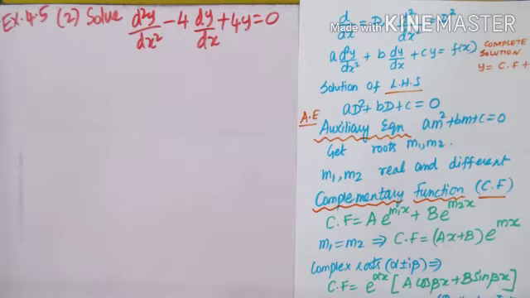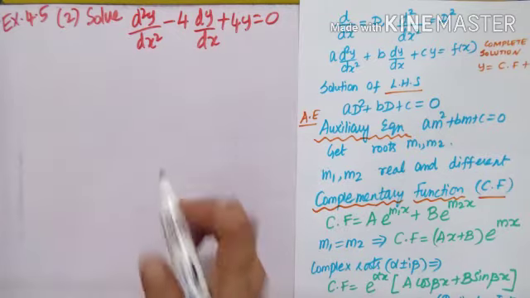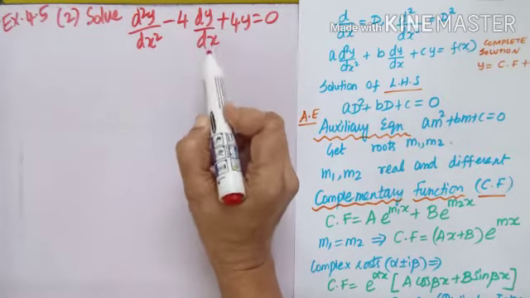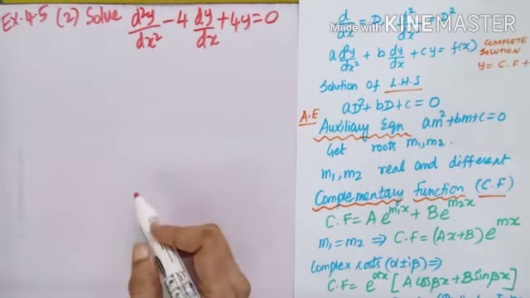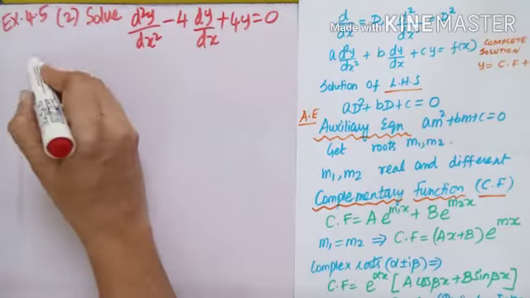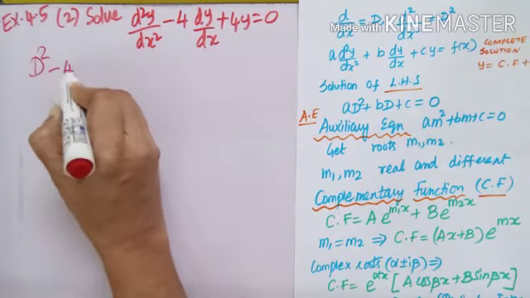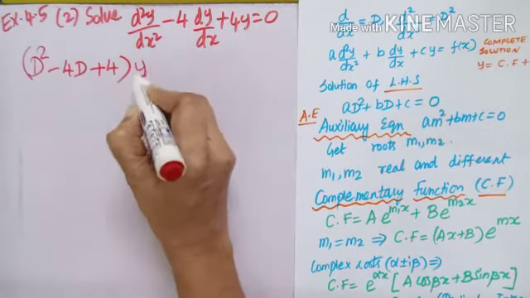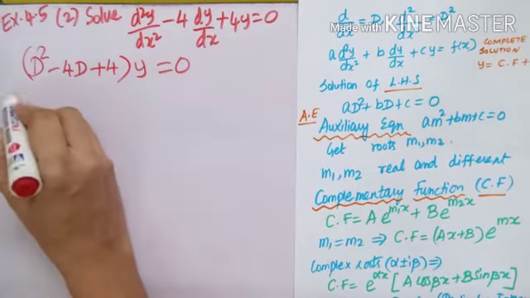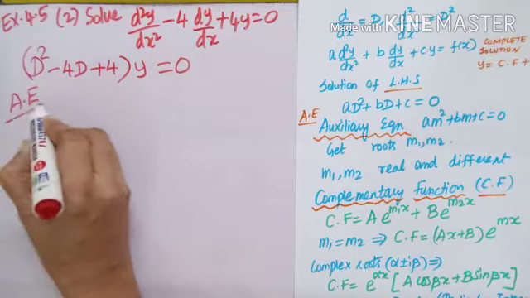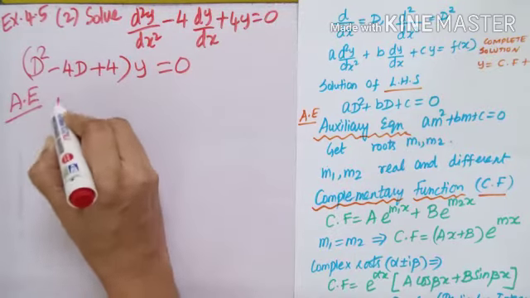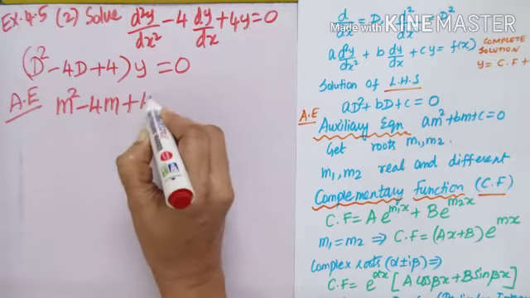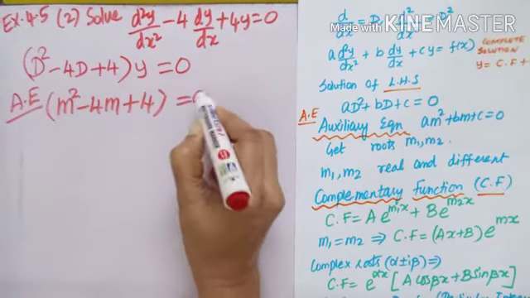Exercise 4.5, question number 2. Solve d square y by dx square minus 4 dy by dx plus 4y equals 0. We rewrite the question: (D square minus 4D plus 4) y equals 0. Our step is to write the auxiliary equation: D square as m square, D as m, m square minus 4m plus 4 equals 0.